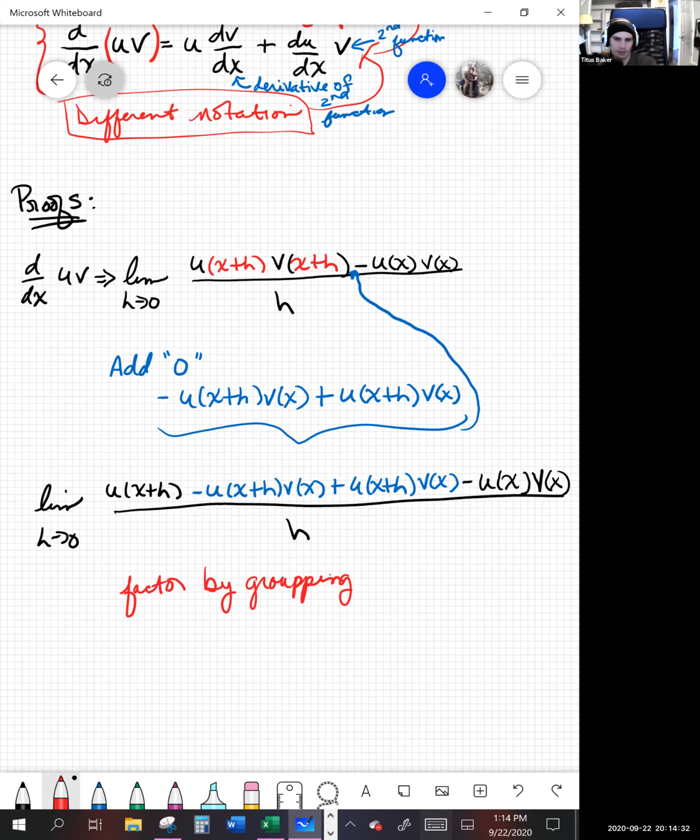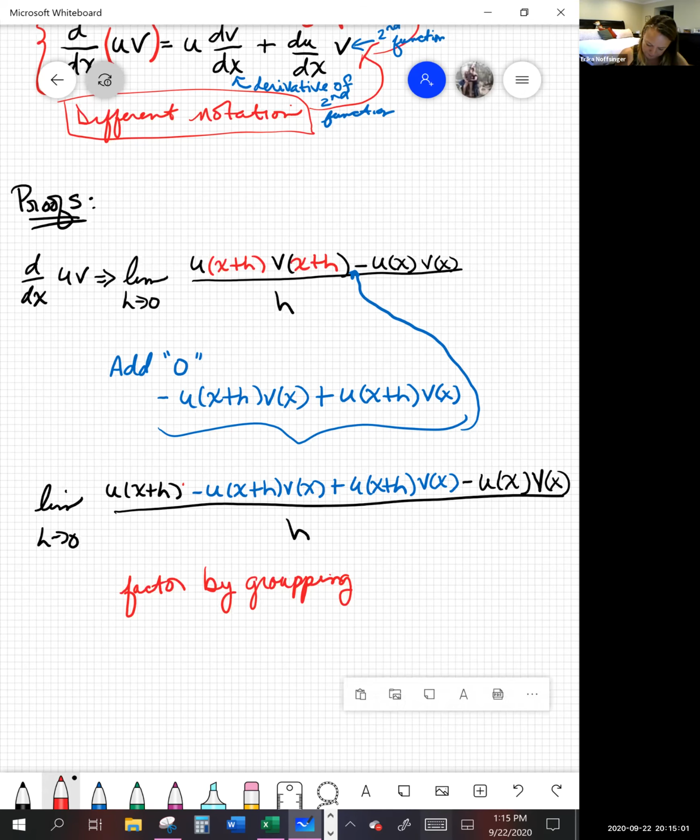Can I ask where the v of x plus h is, is that what is getting plugged into the 0? This is our 0. This in blue is our fancy 0 that we're adding to our numerator. Oh, to the v of x plus h, because it just disappeared in the second part. Oops, you're right. So let me pull that down here. This should be down here. Thank you for catching that.